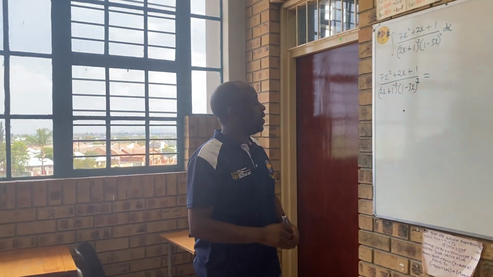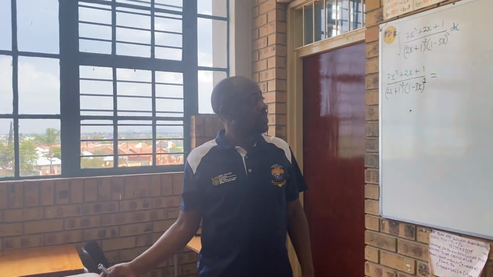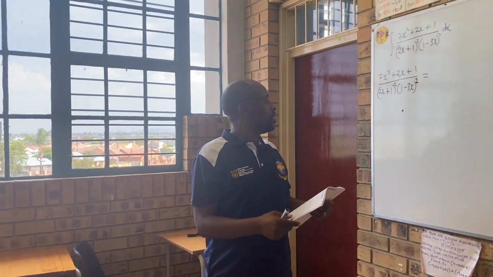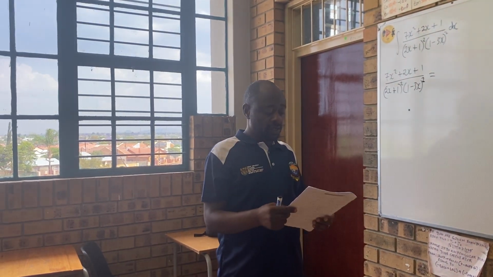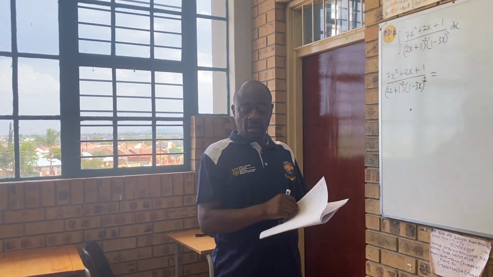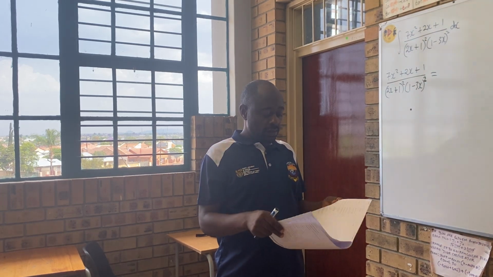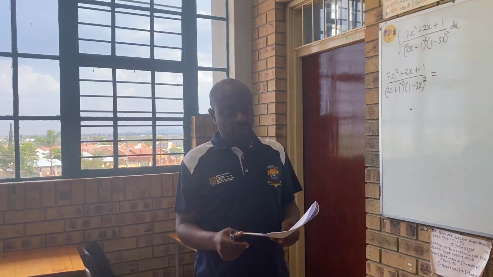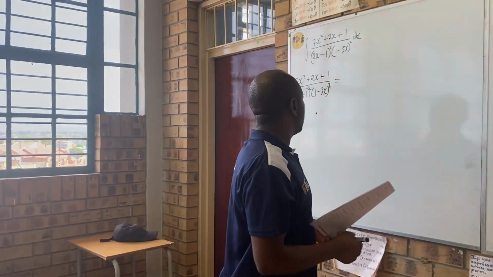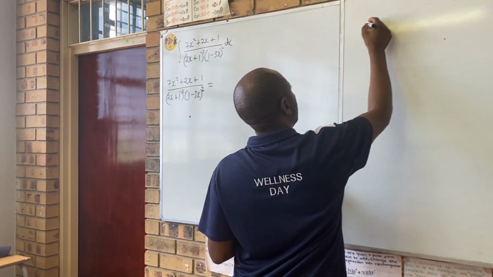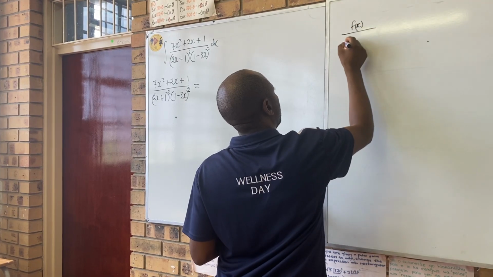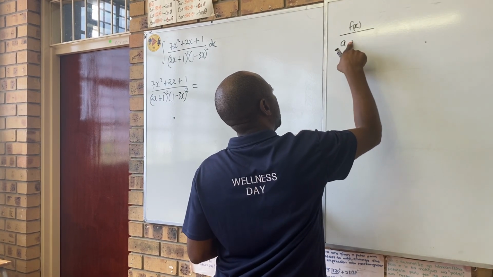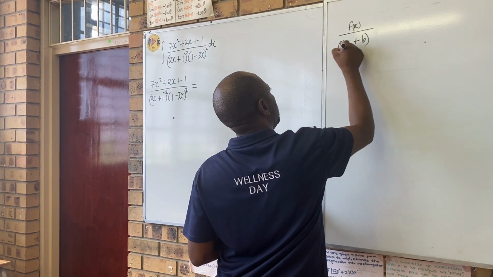Then I go to page number 6 of my formula sheet and simply compare my denominator to the formulas on that page. On page number 6, there are 3 formulas for partial fractions. The first one has f of x on (ax plus b) to the power n.